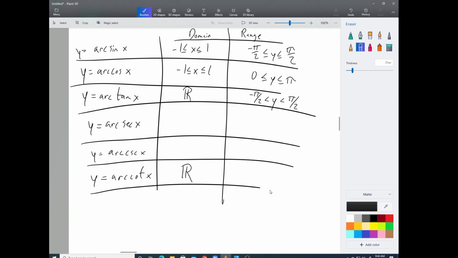Actually, let's just go ahead. Sorry if you've already written this down. I'm going to put the two that are similar to each other next to each other.